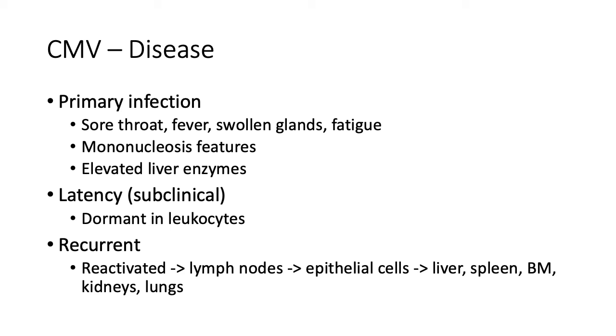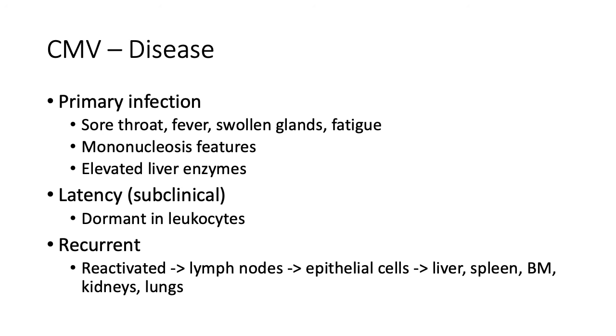Following primary infection, the virus becomes dormant in white blood cells, which initiates the latency period. CMV usually remains in the host for life. It is often reactivated, but rarely causes serious illness in immunocompetent persons.